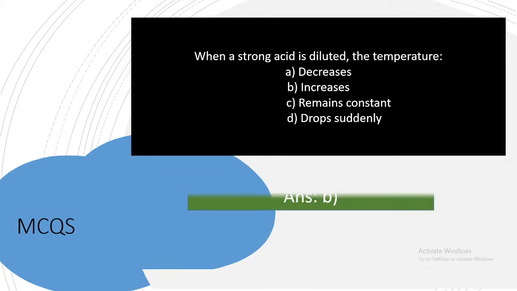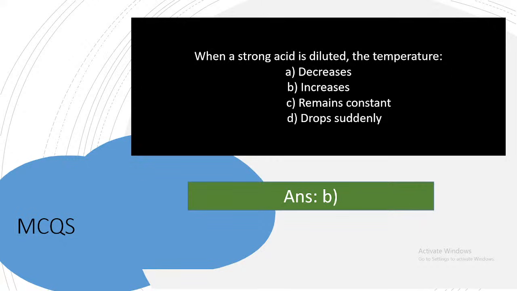Yes, those who have written B, it is the correct option. You must have seen that when you dilute a concentrated acid, if you touch the outside of the test tube or the beaker where you have kept the acid and you're diluting it with water, you'll see the temperature increases. You can feel the warm test tube or the warm beaker. Why? Because it is an exothermic reaction.